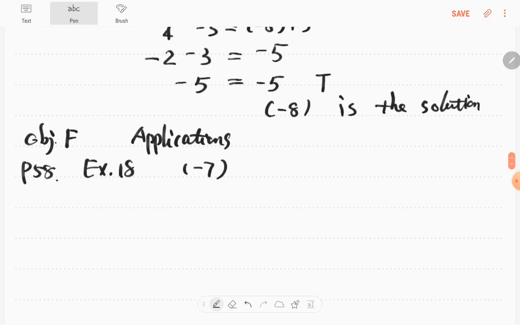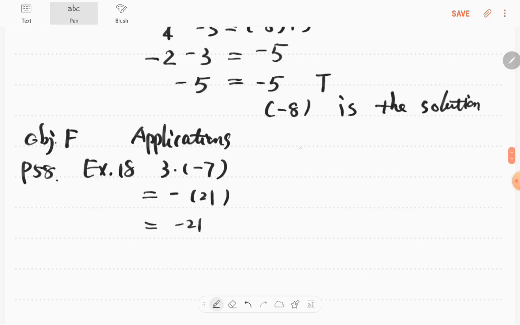So -7 for each of 3 days, which means we should do 3 times -7. So we only need to do the multiplication. Positive times negative, so our answer will be -21.